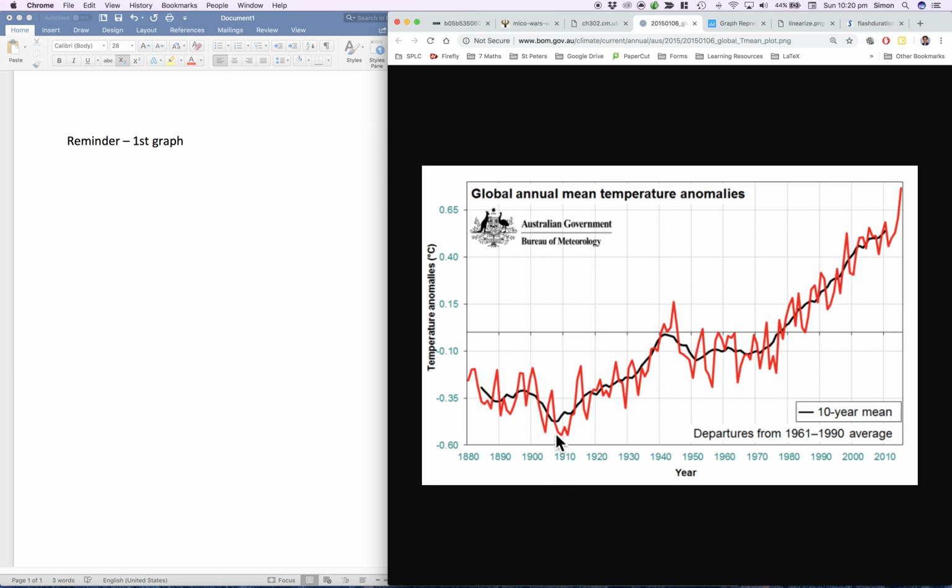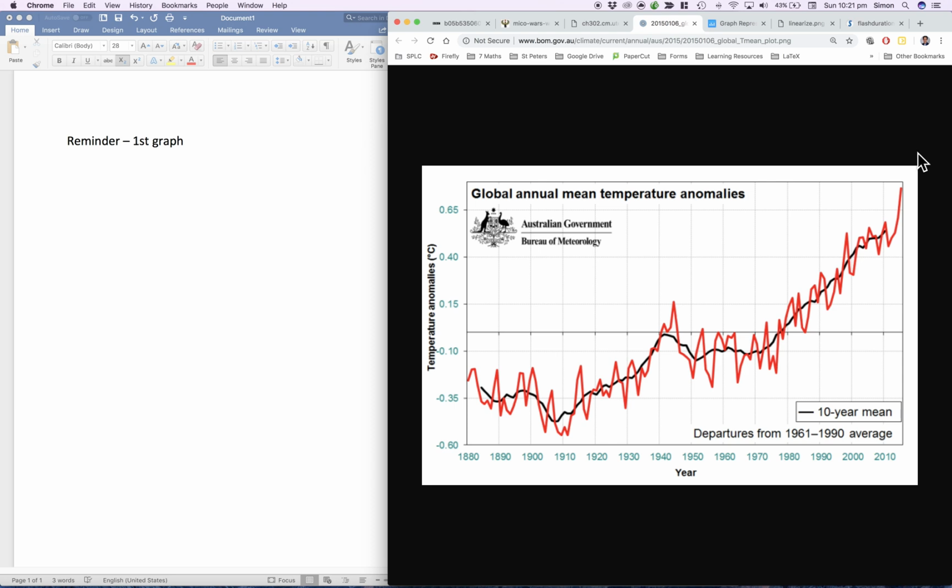So I'm telling you how much and when. That's a really big thing when you do a written description of a graph. And we see Mario climbing up again, nearly up to the zero line. He reaches the zero line at 1940. So between 1910 and 1940, the temperature anomaly is increasing from negative 0.5 degrees to 0 degrees Celsius.